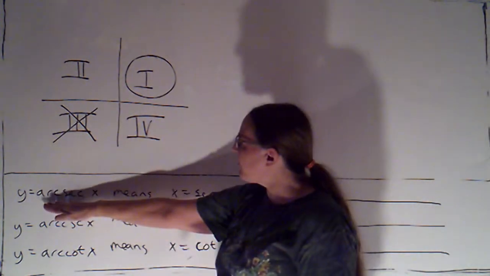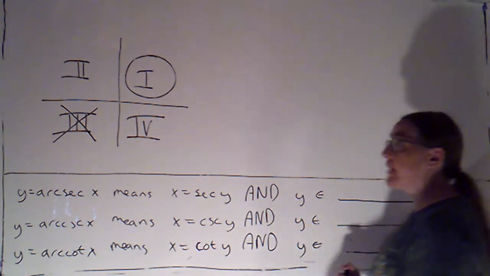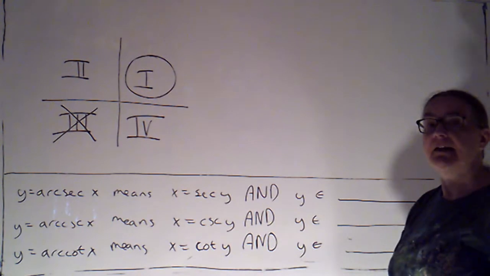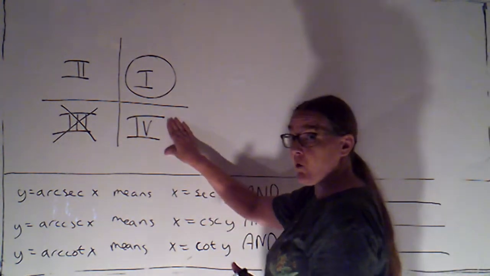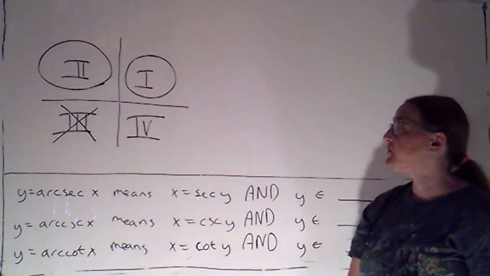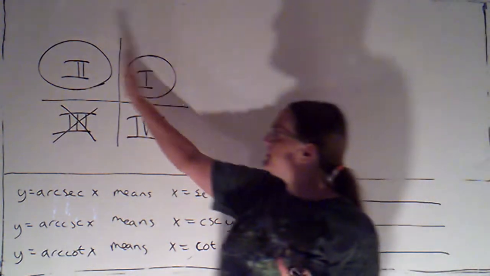If we're working with arcsecant, I need to choose as my second quadrant either 2 or 4, the one where secant is negative. Now secant's the reciprocal of cosine. That would be positive in 4, but it's negative in 2. So we're going to choose quadrants 1 and 2. So that would be the interval from 0 to pi.